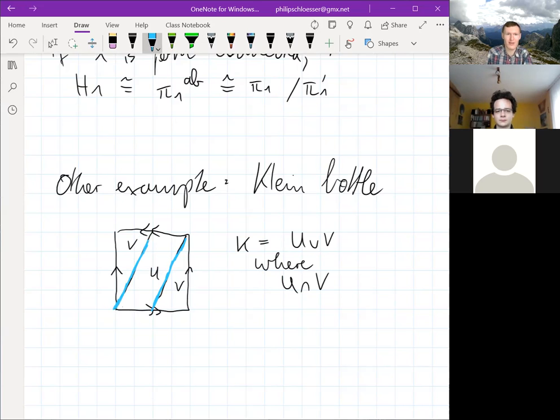And as I've already demonstrated, it is just a circle, so it is homeomorphic to S1. We also have that U and V are homotopy equivalent to S1, because we can just contract them to one line.